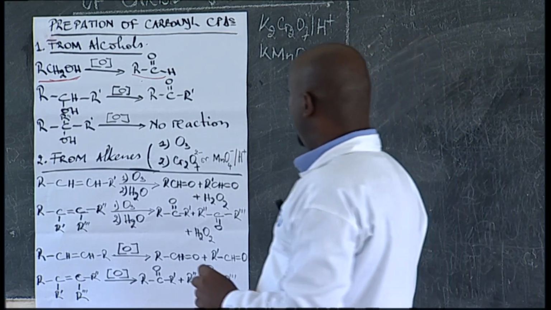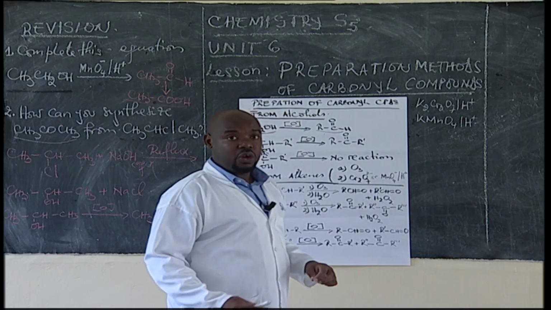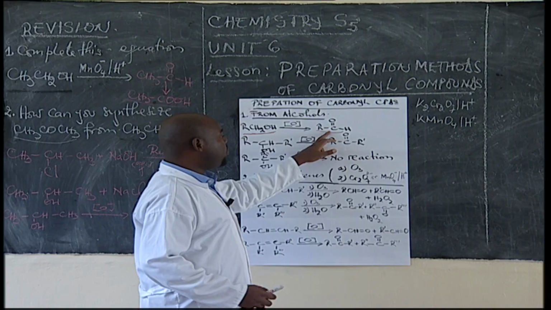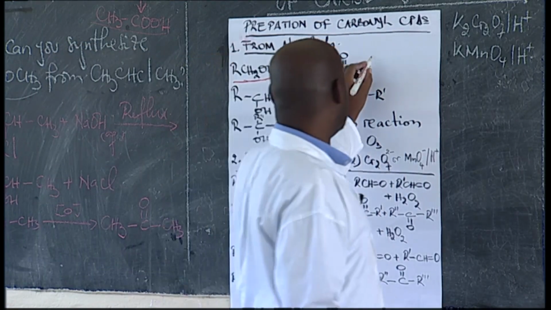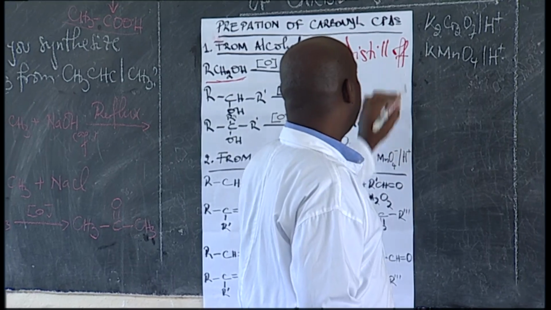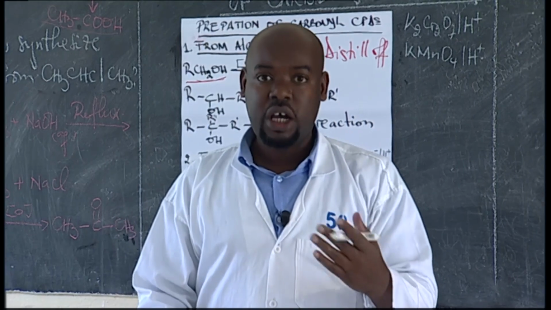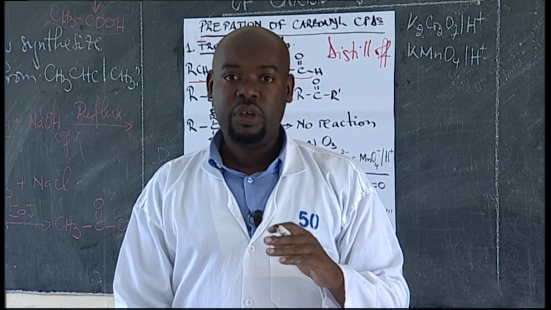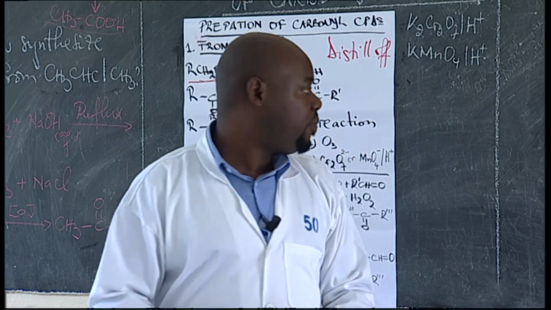And if you use these common oxidizing agents and you want to start from a primary alcohol and produce an aldehyde, you have to remember this. You have to distill off the product as soon as it is formed, and you work under a low temperature. In that case, you can collect the aldehyde which is being produced.